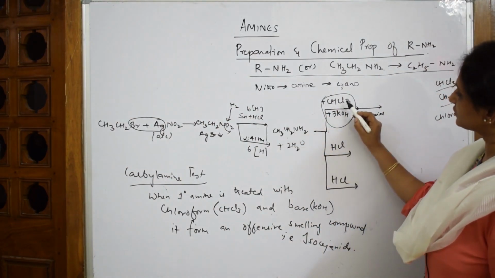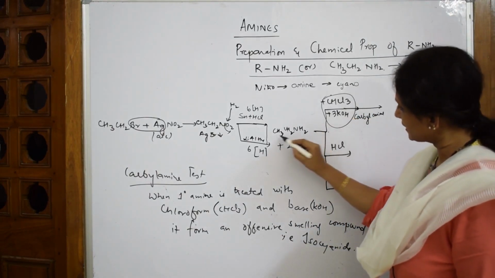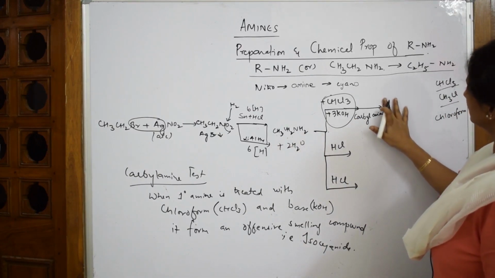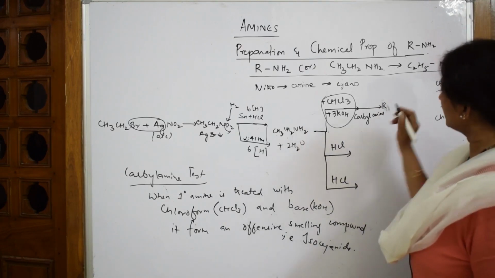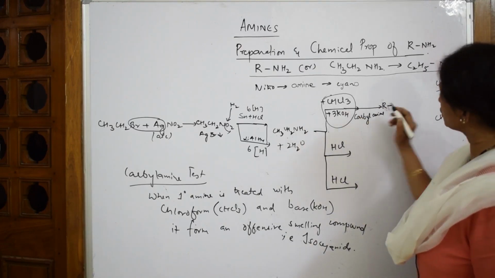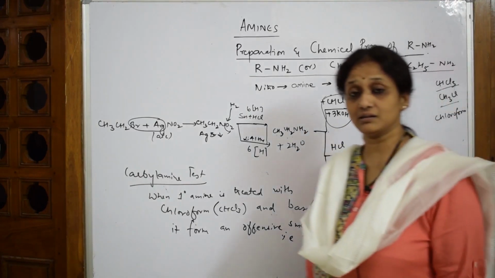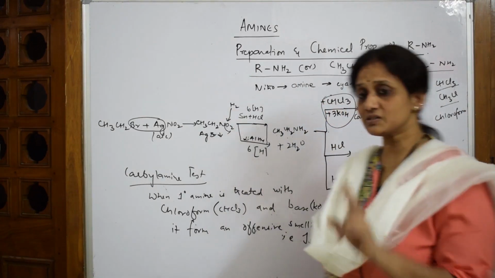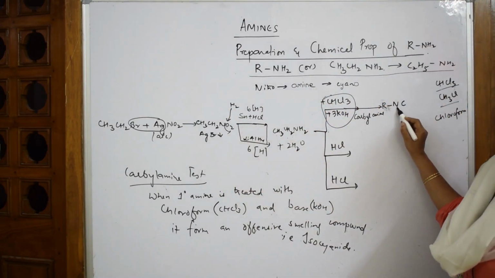When the amine is treated with chloroform and KOH, let me write it as R-NH2. It will turn into a compound R-NC, where the isocyanide carbon is attached to a highly electronegative nitrogen atom.